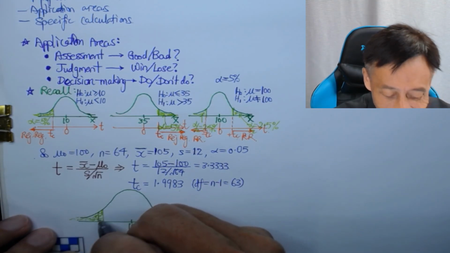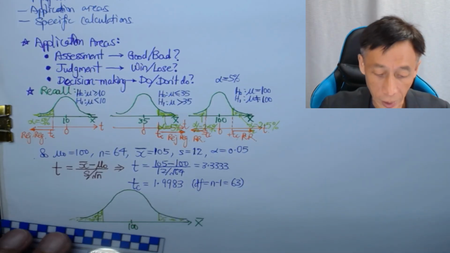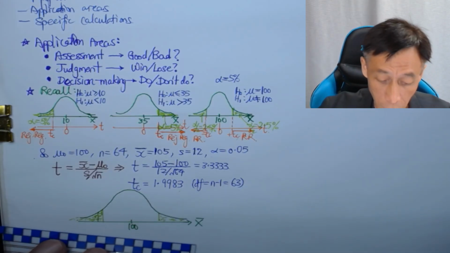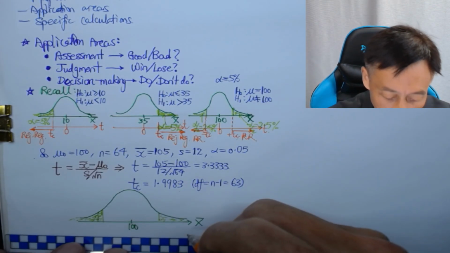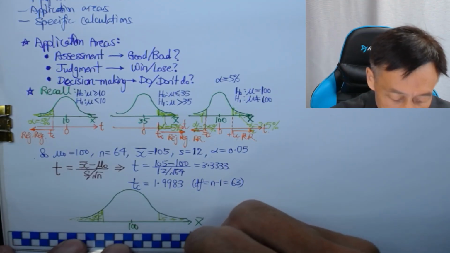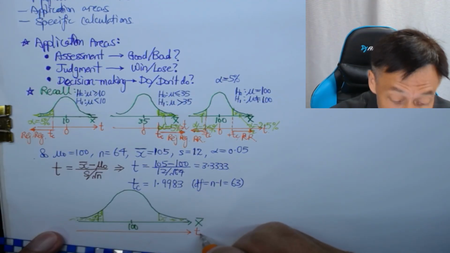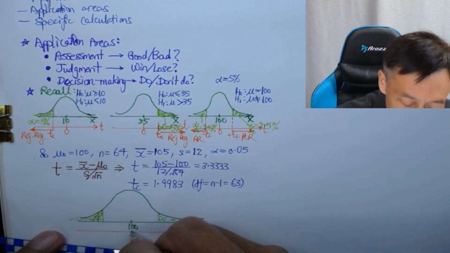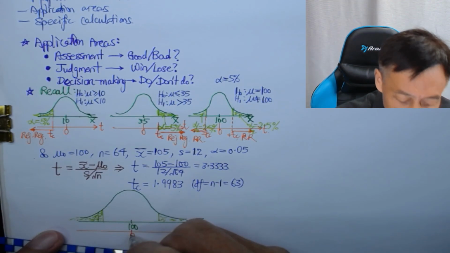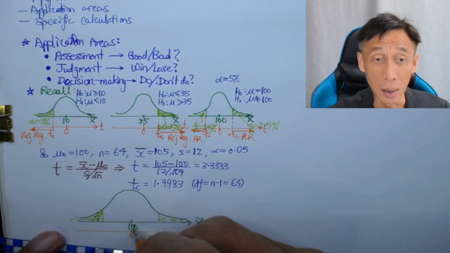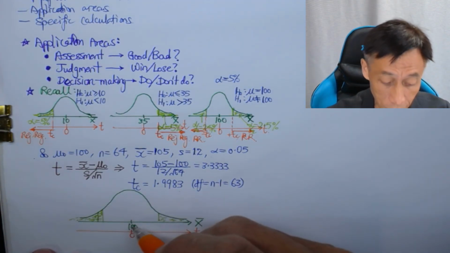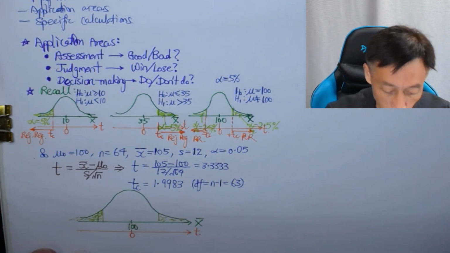I'm not drawing an exact to-scale diagram, but nevertheless, it should look hopefully as accurate as possible, especially the important markers. For example, in this case, the 0 must align with 100, the hypothesized mean, because we do know it, right?